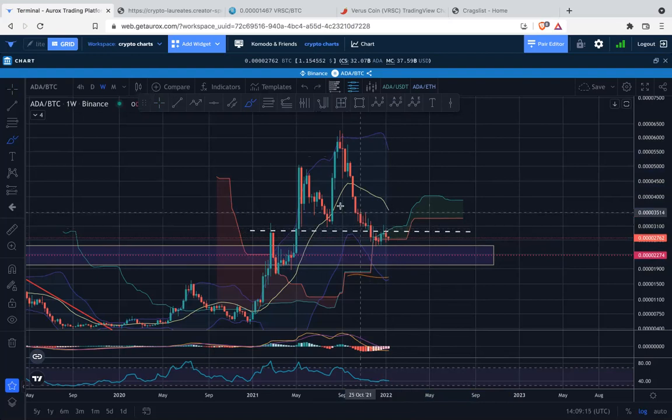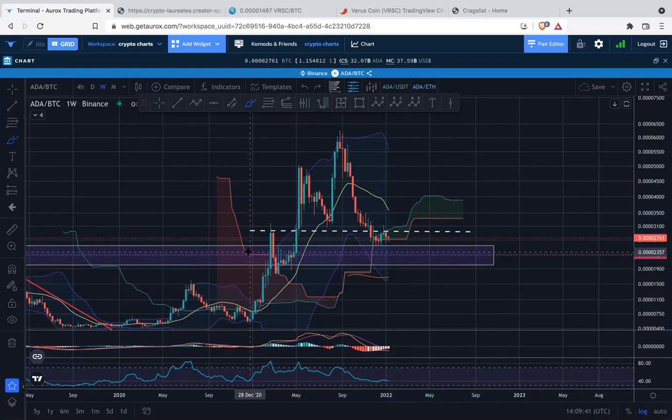I just don't see that, but you never know. I think playing within this cloud area could definitely be happening over the first half of the year. Even if the price pops up to about 3,000, 3,500 Satoshis and meets the 20-week moving average and comes back down and tries to do stuff here, there's a chance, and then maybe comes back further down and then does a thing, and can continue.